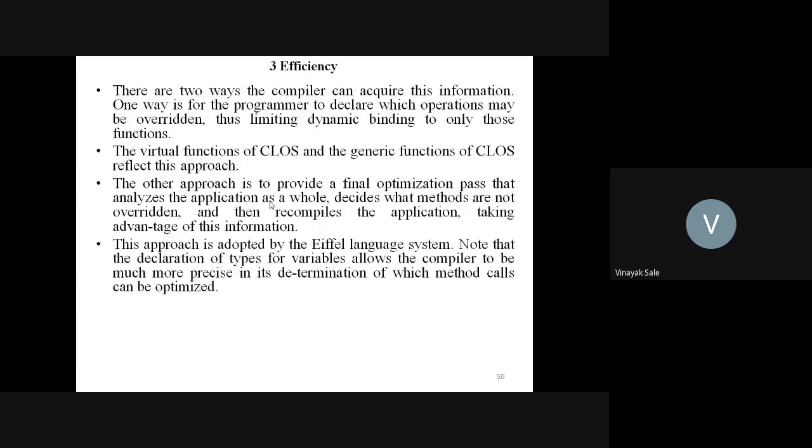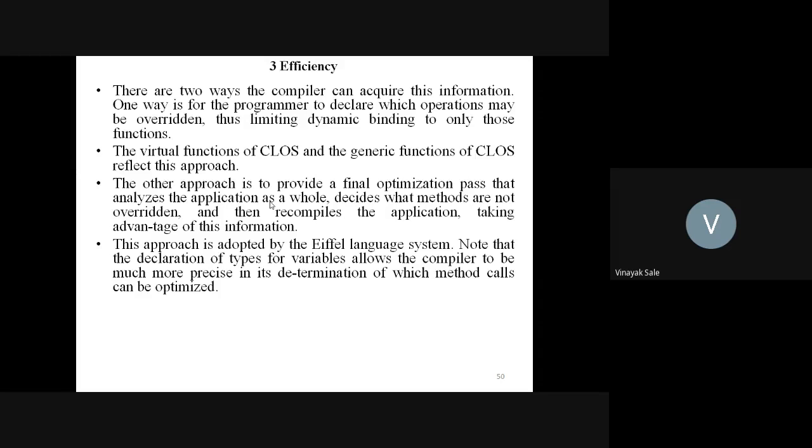So there are two ways the compiler can acquire this information. The first way is for the programmer to declare which operations may be overridden, thus limiting dynamic binding to only those functions. Virtual functions of C++ and the generic functions of CLOS reflect this approach.